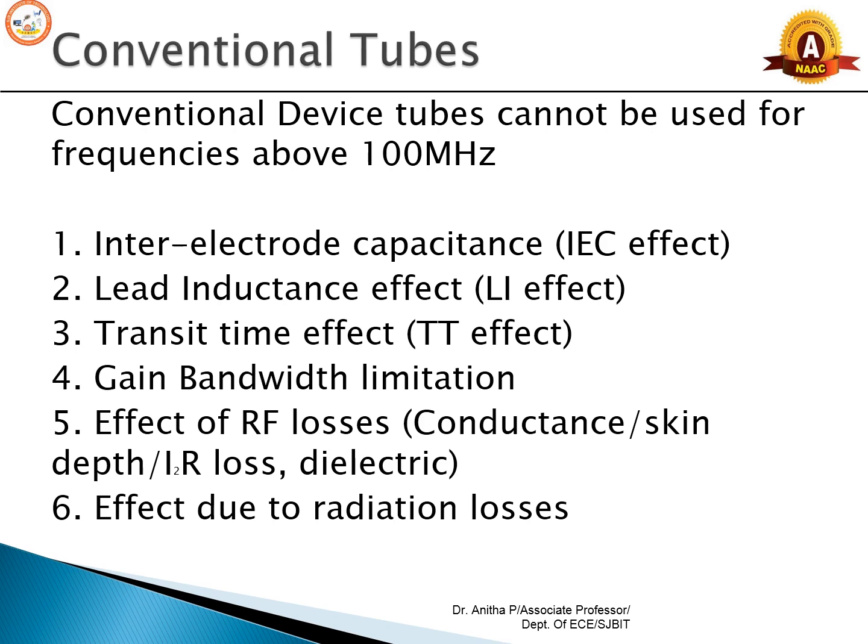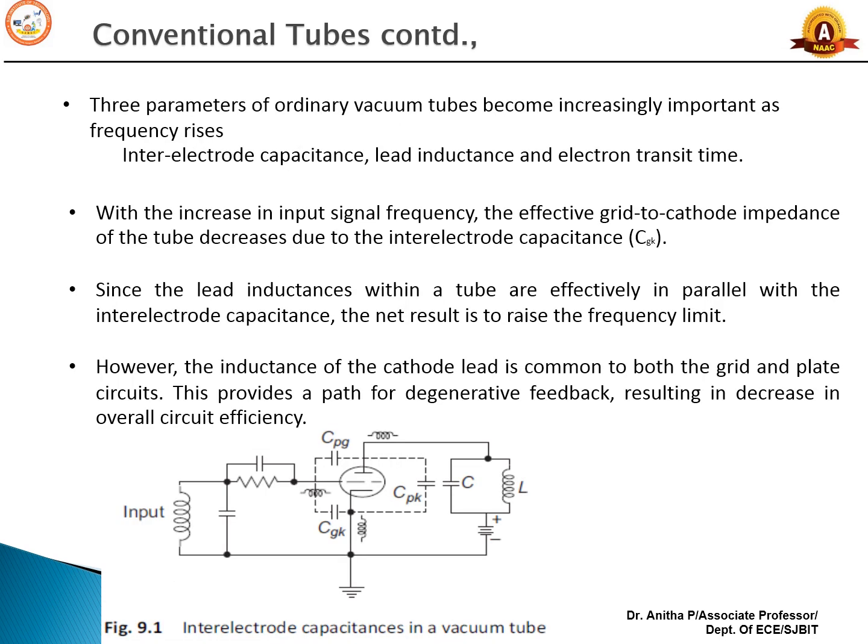First and foremost, consider the interelectrode capacitance effect. If you look at the vacuum tube in the diagram, it has an anode, cathode and the grid in between. Electrons get emitted from the cathode and travel towards the anode, passing through the grid.